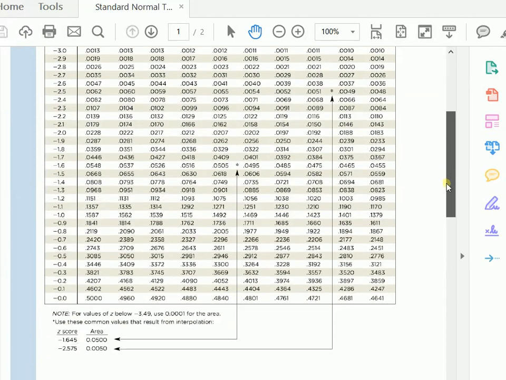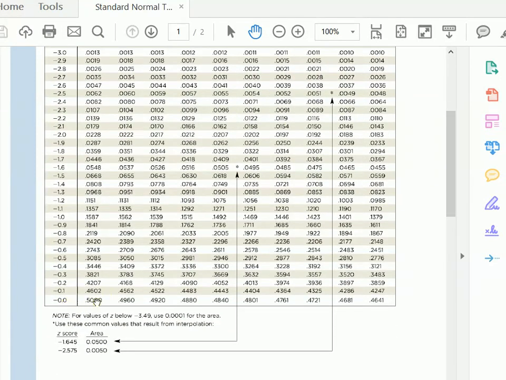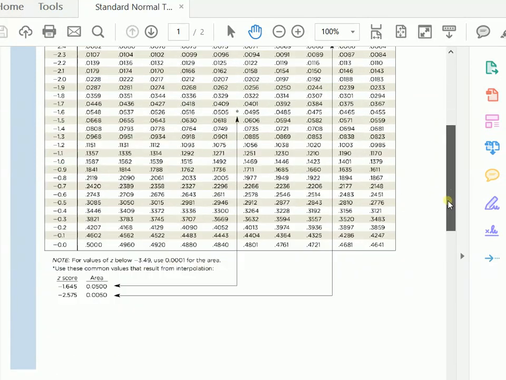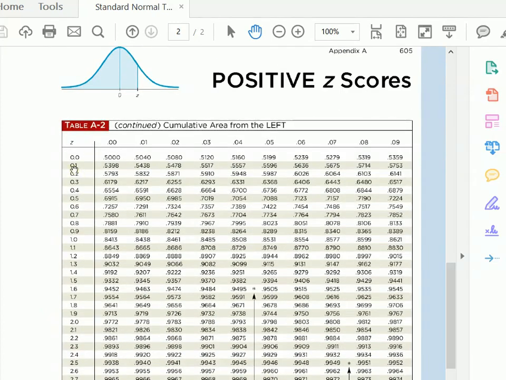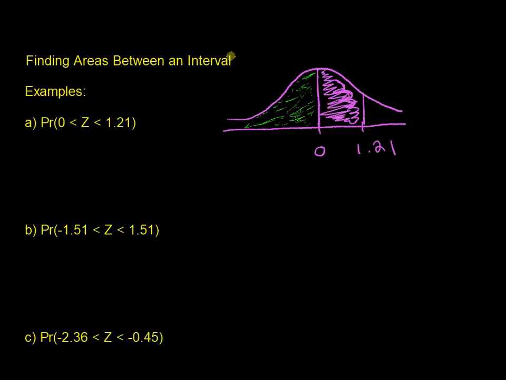But we actually could look it up in the table. You see it right here, the bottom 0, and then you see 0.5, right? It's also on the positive side of the table because I guess 0 is technically not positive or negative. Where Z is 0, the probability is 0.5. So you could use the table, but you really don't have to because that's half the distribution there.